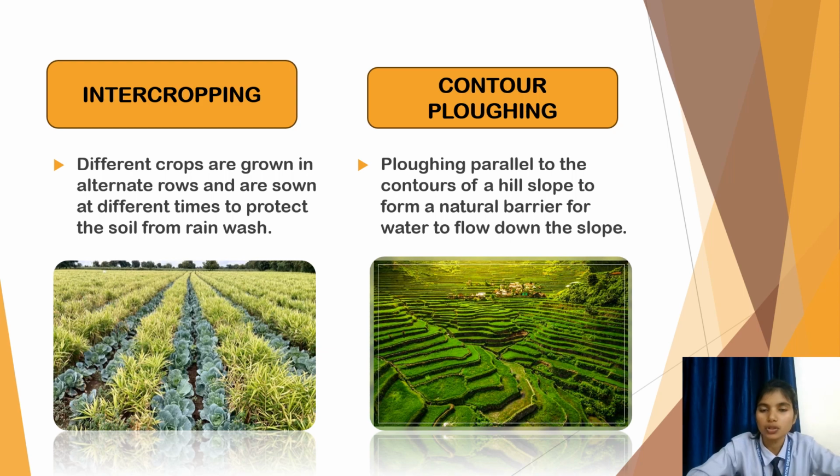Next is contour plowing. Basically, contour plowing is done parallel to the contour of the hill slope to form a natural barrier for water to flow down the slope. It means the water is collected at the borders where the land is plowed.